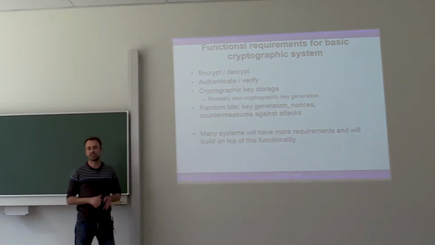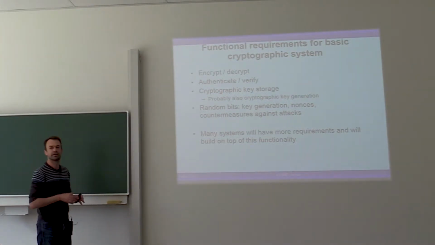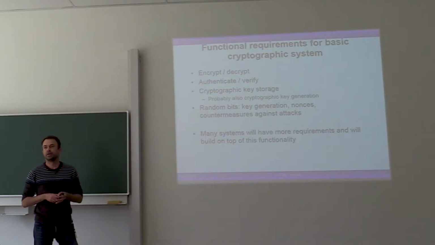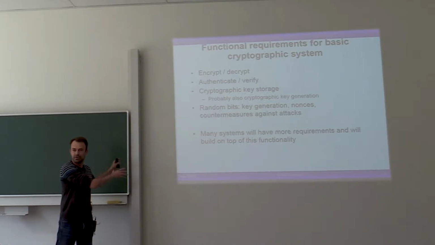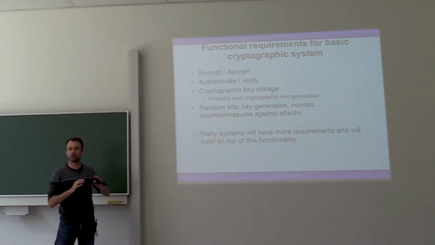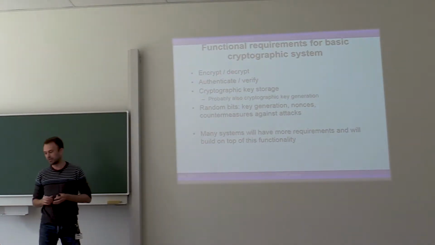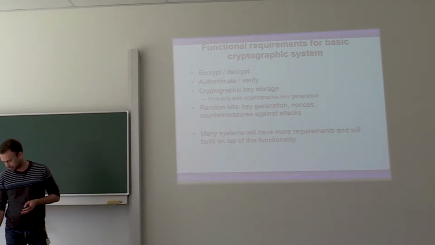Some systems are even simpler, but many systems will be much more complex, and they will have more requirements, and they will build much, let's say, higher level functionality on top of this. But for the sake of rather giving you a comprehensive picture of a few things, that's the set of functionality that we pretty much focus on today.